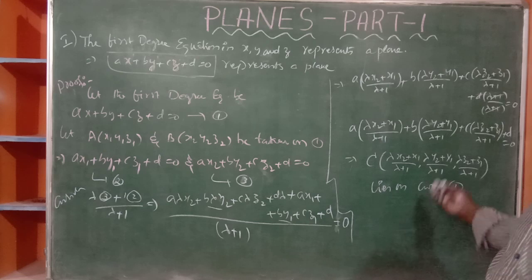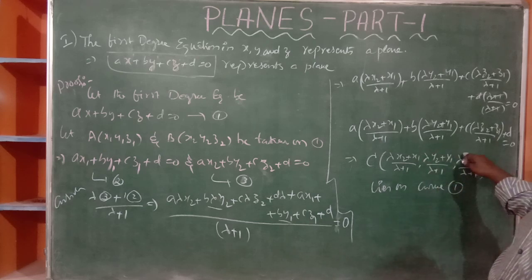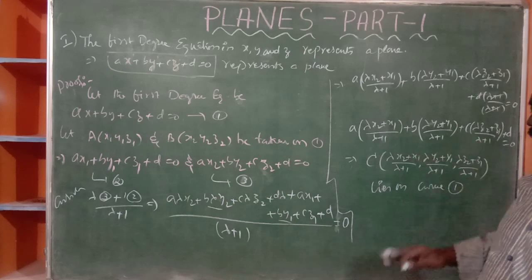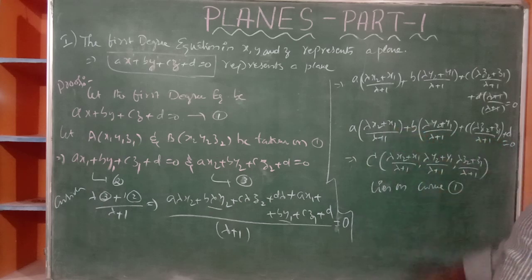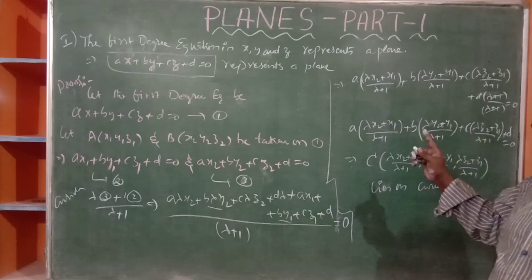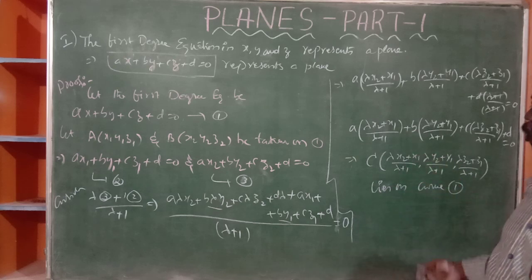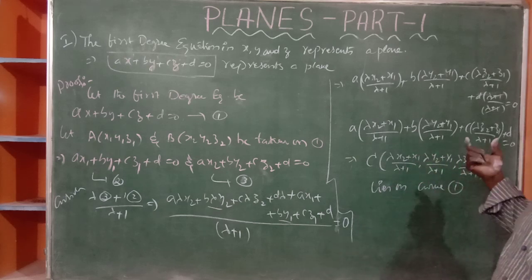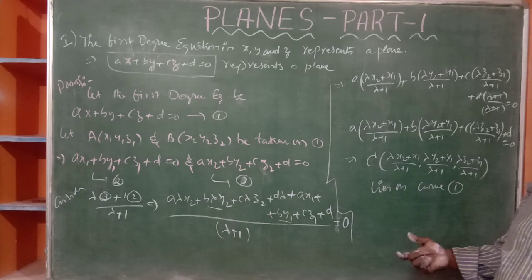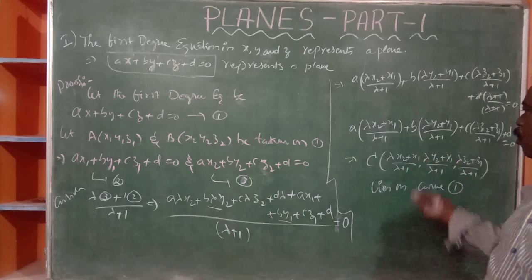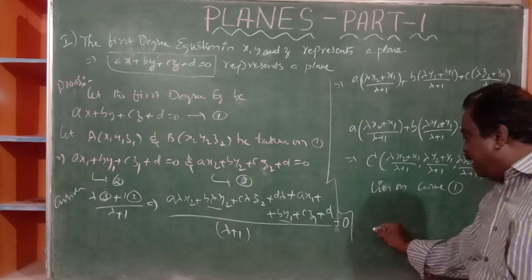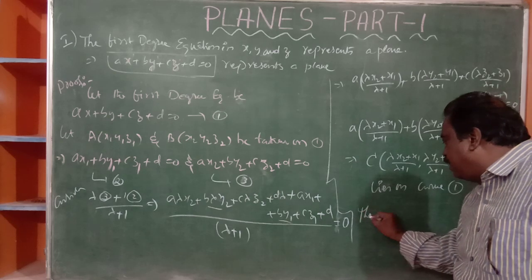So that means for x we may substitute this one, for y we may substitute this one, and for z and d, the same. Like that, if we consider it so, we can conclude that there is a point C. Observe me.